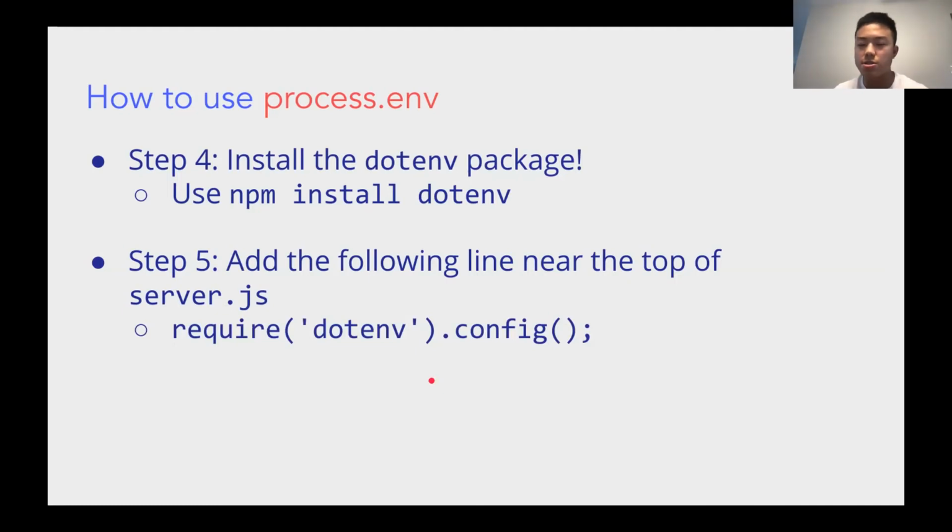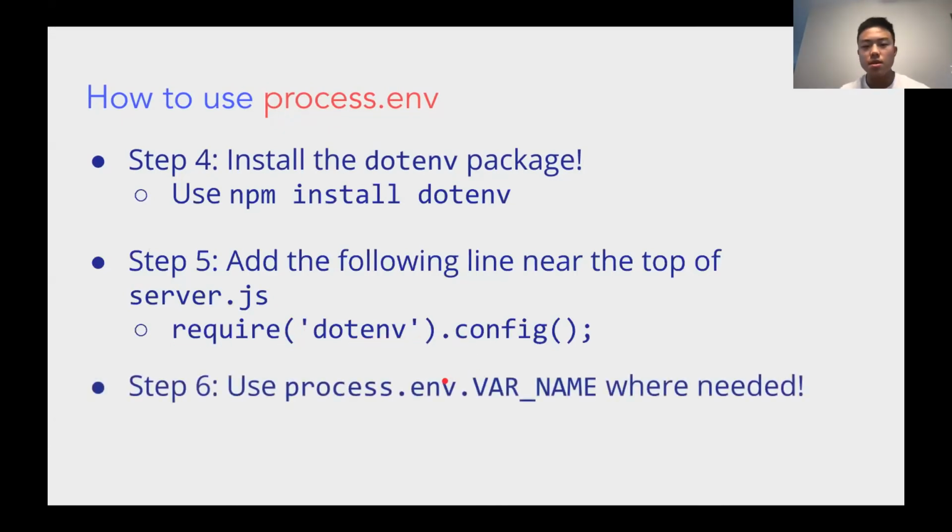So at the first line or second line of server.js, put this code: require dotenv.config. And now it's been initialized. We've installed the dotenv package and we have our .env file. So we can use process.env.variable name wherever we want to use one of those variables that are in .env.